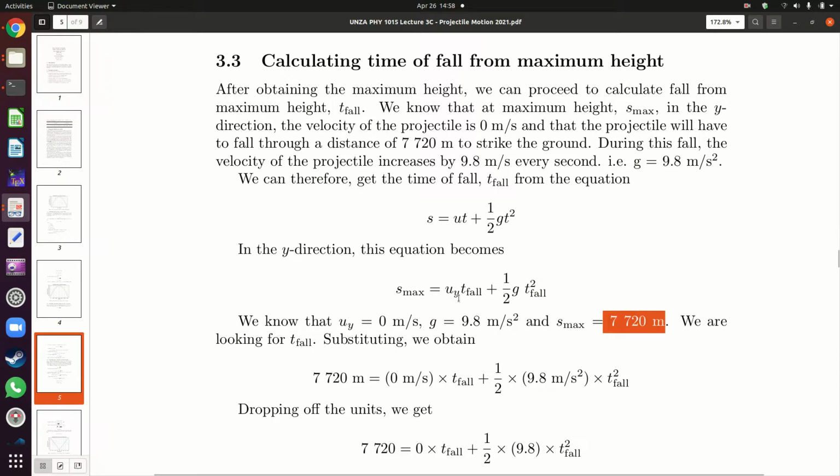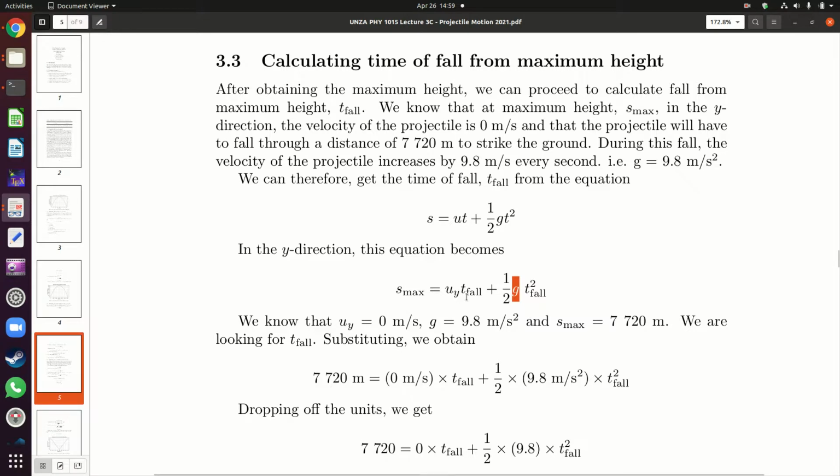Then for uy at maximum height, the initial velocity is 0 meters per second. Then g, acceleration due to gravity as your projectile is falling from maximum height, is plus 9.8, so that's positive.